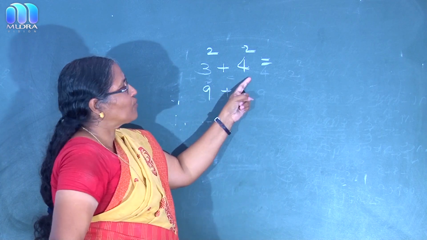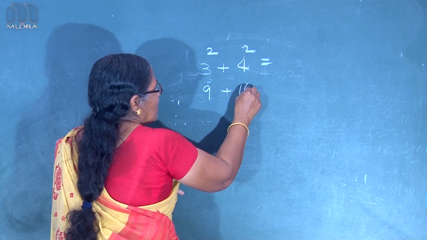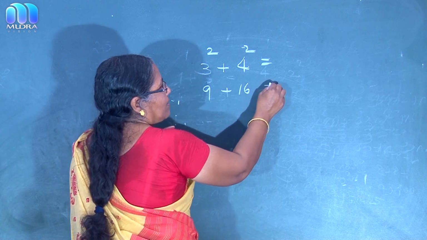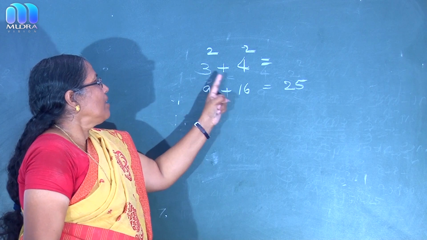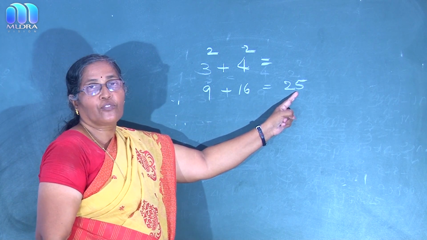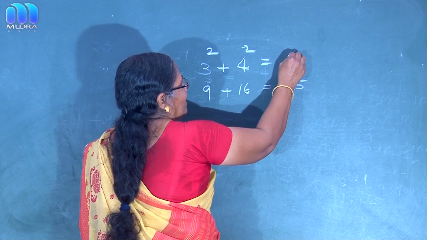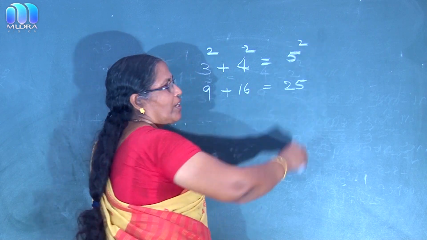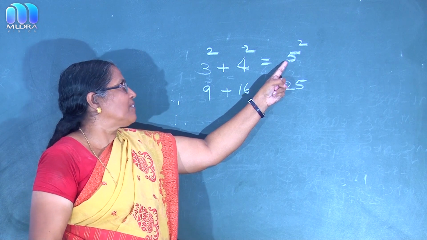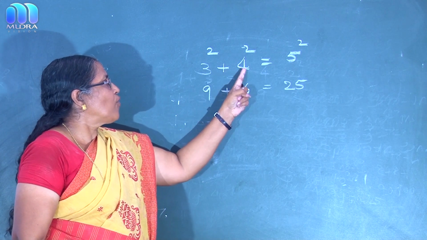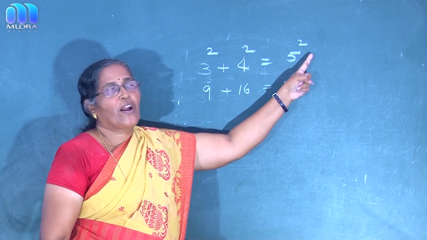Then what is 4 square? 16. 9 plus 16 is equal to 25. Then look here, 25 is the square of 5. That is, we can write 5 square. Such numbers are called Pythagorean triplets. 3 square plus 4 square is equal to 5 square.